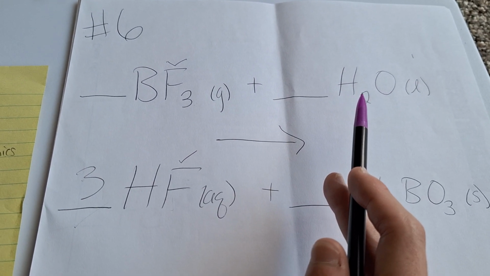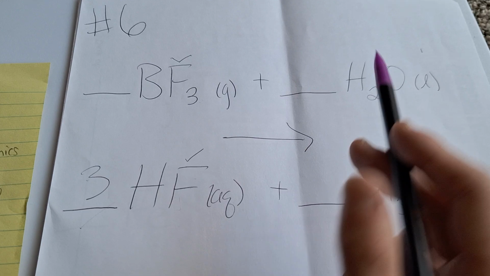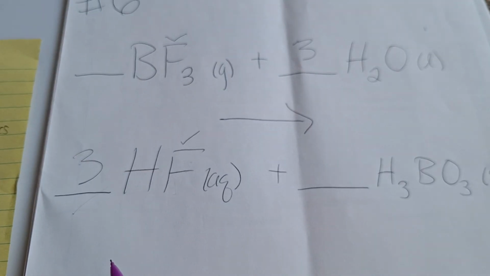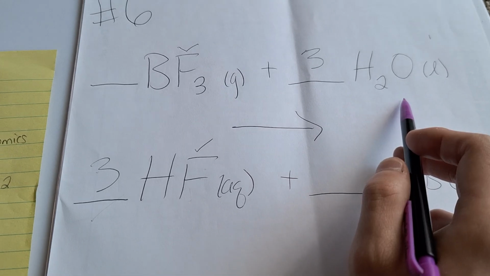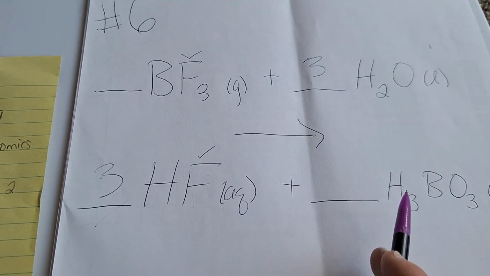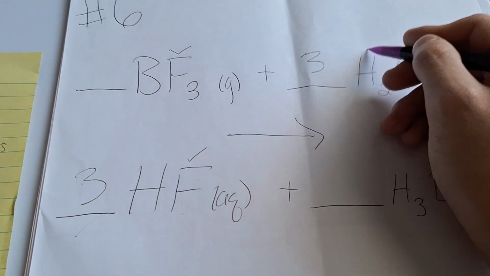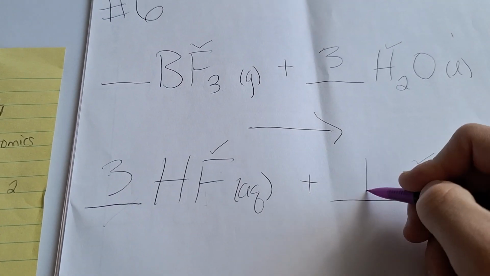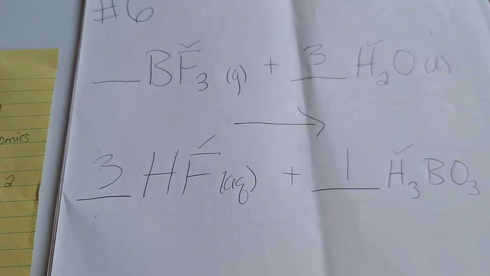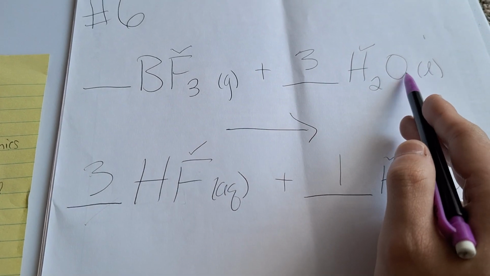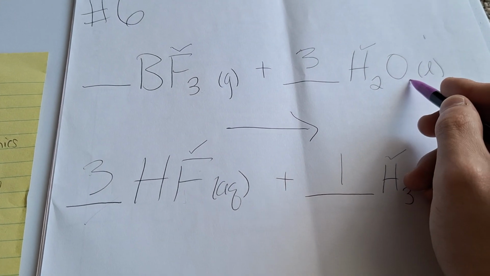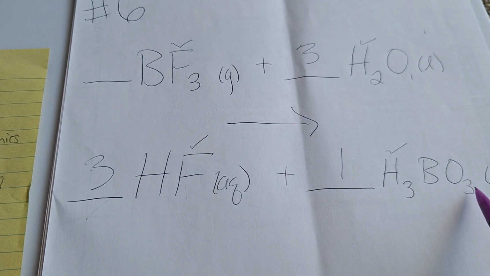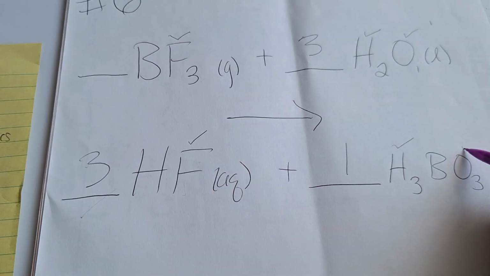So we need 2 times 3 hydrogen. So 6 hydrogen: 1, 2, 3, 4, 5, 6. Check. Okay, put a 1 there. So 3 times 1, remember, because 1 subscript, 3 times 1, 3. Got 3 over here. Oxygens check out.